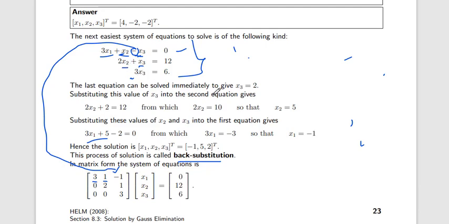Now second equation, what is the coefficient of x1? 0. What is the coefficient of x2? 2. What is the coefficient of x3? 1. Okay, now third equation, what is the x1 coefficient? 0, and x2 coefficient is 0, 0, 0, and x3 coefficient is 3.